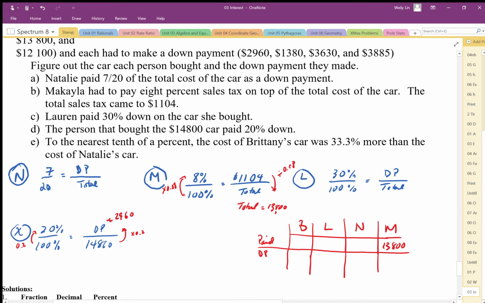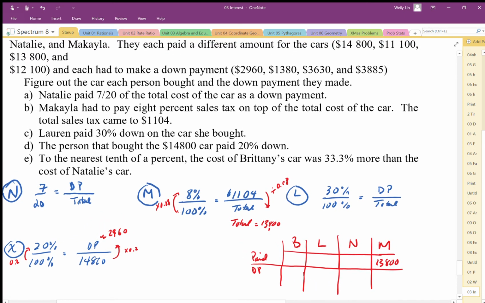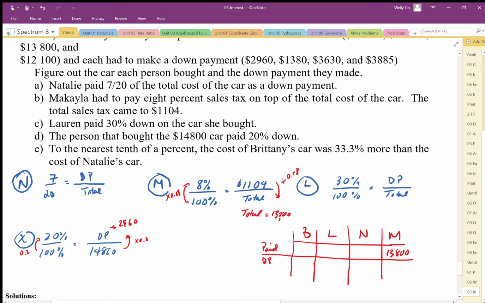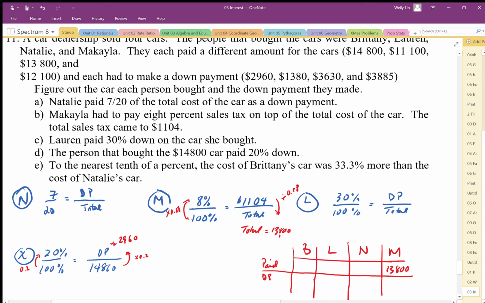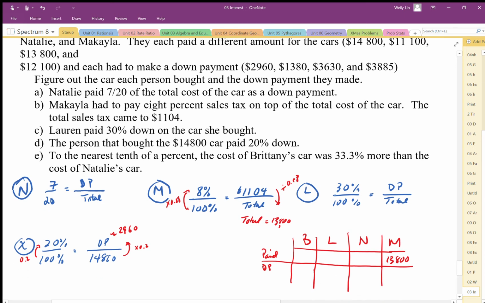It looks like we need to start doing some guessing and testing here, because those are the parts that we can figure out. We don't know anybody else's, but we know that Brittany's was 33% more than Natalie's. So we need to start doing some guessing here.